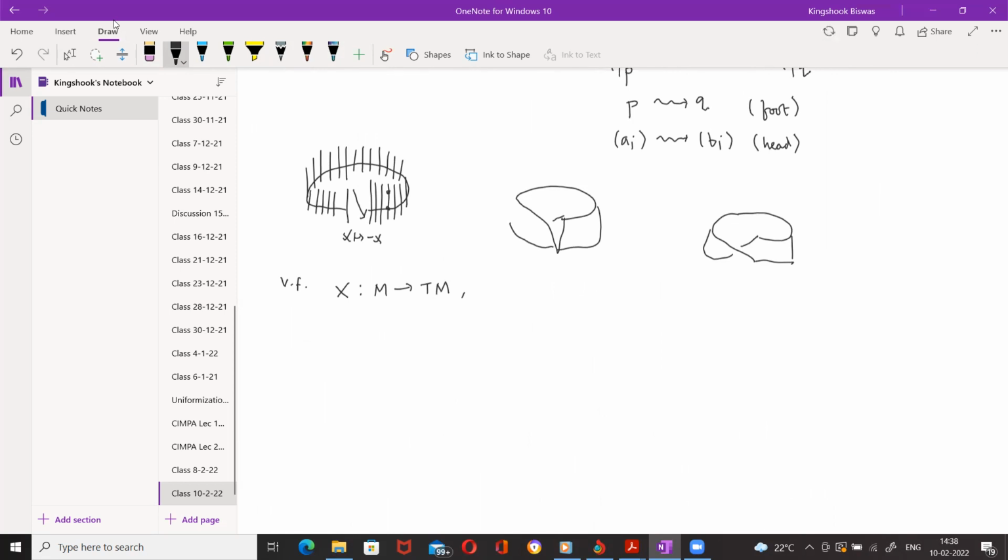So for all p in M, X_p is a point in the fiber T_pM. And we said that X locally we can write as the summation of a_i ∂/∂x_i.